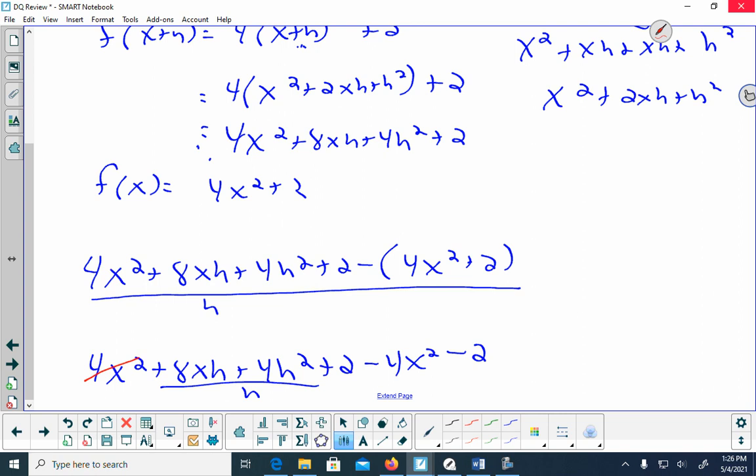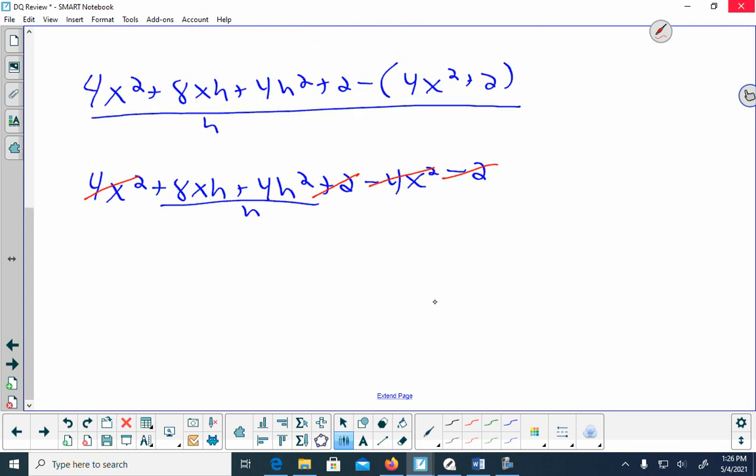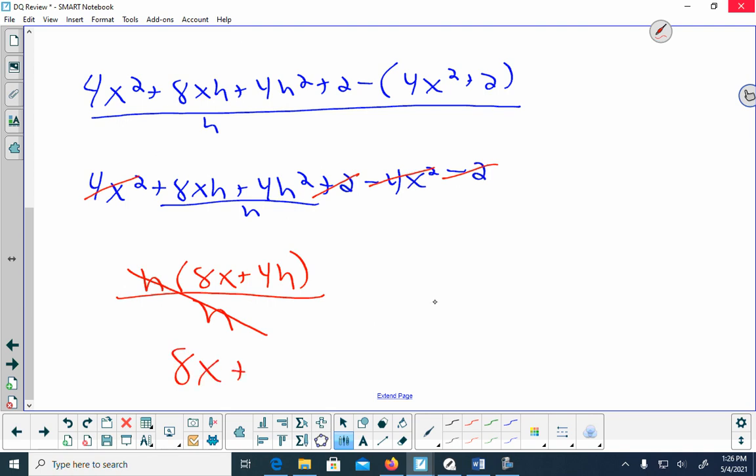The 4x squared and the negative 4x squared equal 0. The 2 and the negative 2 equal 0. So I'm left with 8xh plus 4h squared. I'm going to factor out an h while I copy it down here, and this is all over h. So the h's simplify, and my final answer is 8x plus 4h.